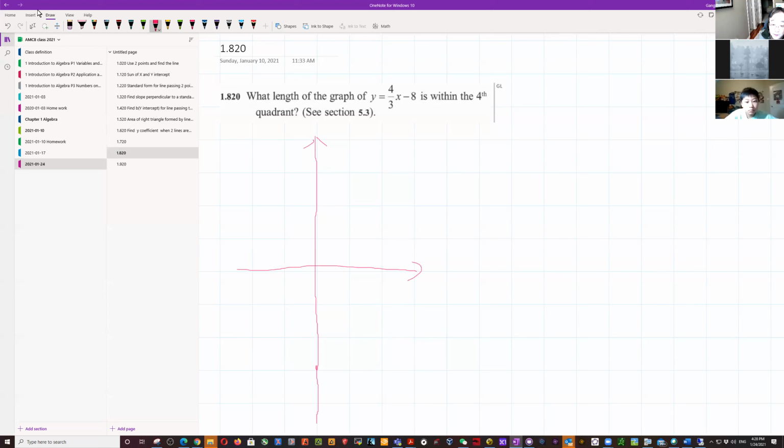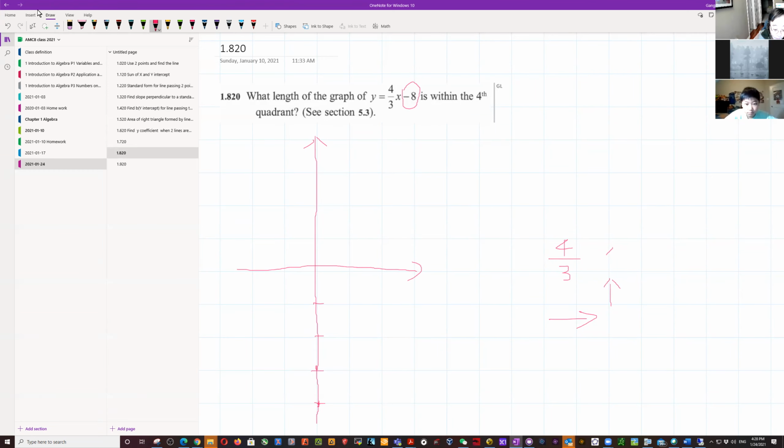The y-intercept is -8. So let's say each grid is 2. So this is 2, 4, 6, 8. So -8 is here. And then we need to know that the slope is 4/3. So for every 3 horizontally it goes, it will rise 4.